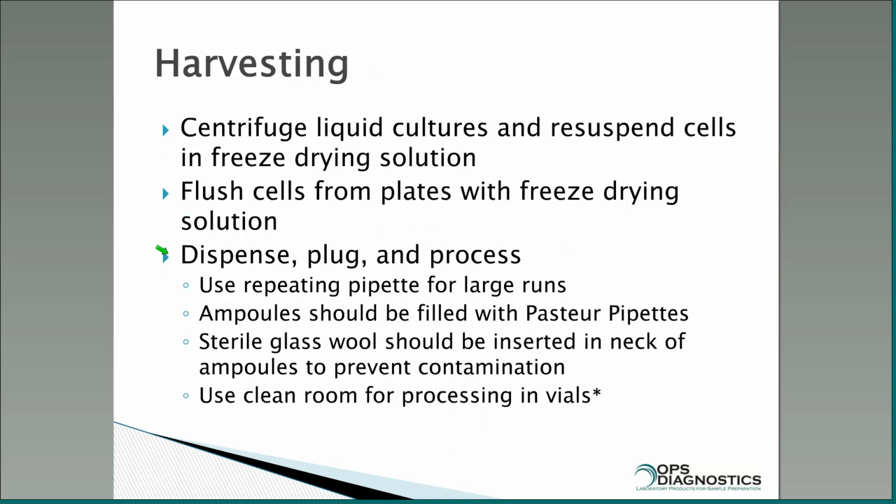Okay, so you harvest your cells, you spin them down and resuspend them in freeze drying buffer, or you can flush your cells from a plate, but then you dispense it. So you need to go into vials or ampoules, you plug them, and then you start the process. If you're doing a lot, let's say you're working on a culture collection, I would recommend getting your hands on a repeating pipette, the kind of big syringe type.